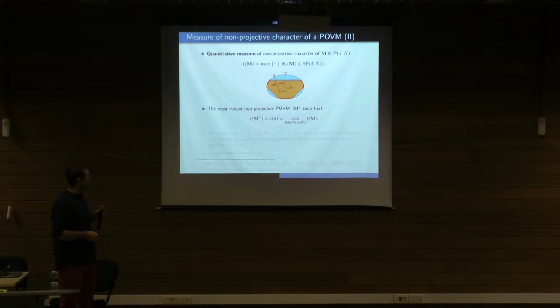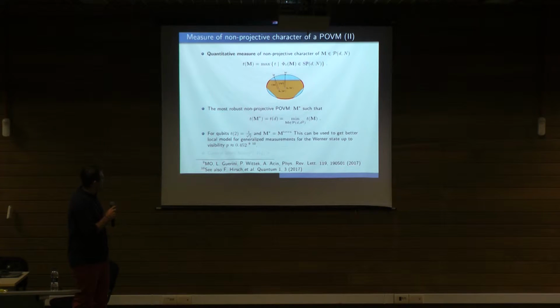And in any dimension, you are maybe interested in the most robust POVM, that is to say the one that has the smallest possible visibility for which it can be simulated. For qubits, the optimal measurement turns out to be the tetrahedral measurement, and the critical visibility is 1/√2.